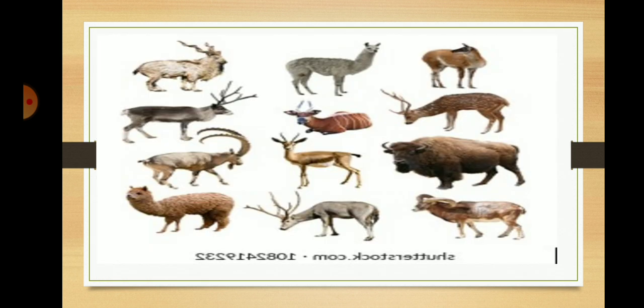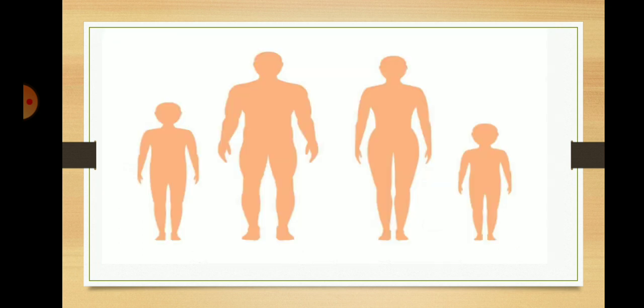Students, as we can see in the image, these animals all eat grasses and they also digest it. But in the case of human beings, we eat plants but we can't digest the cellulose, or the plant cell wall.